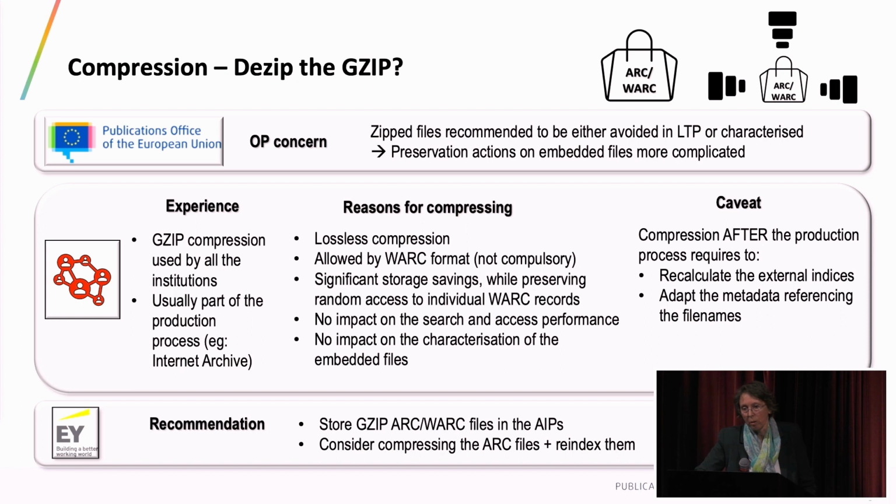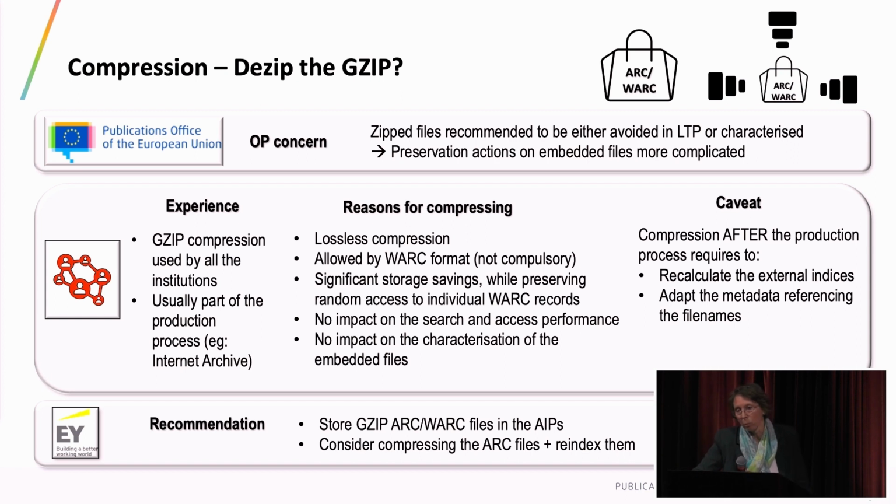Because it gives significant storage savings, and it still allows random access to the individual WARC records. We asked also if there was any impact on processing, and they said that on the search access performance there was no problem, and the characterization was not impacted either.